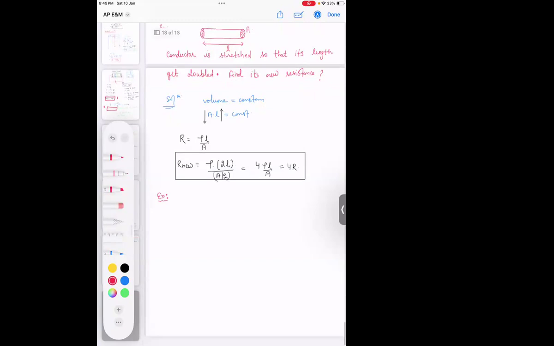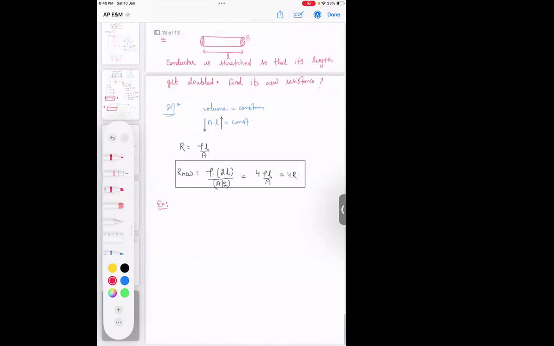Okay, let's see the next example. In this next example, what is given to us? Please tell me, clear up to this? Now, in this question, the resistance of a conductor at room temperature is given.